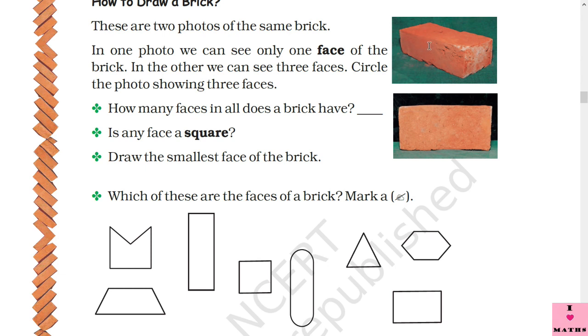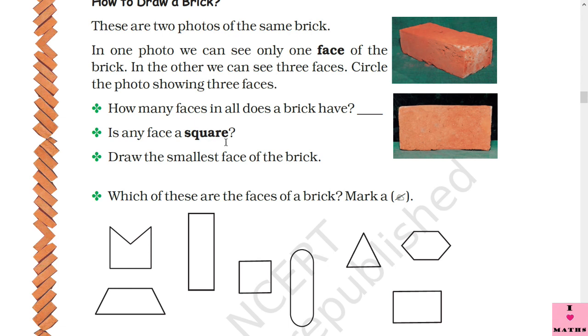If face number three is this vertical side of the face, then on the opposite side is face number four. If this is face number five, then opposite it at the back is face number six. So we have six faces in a brick.